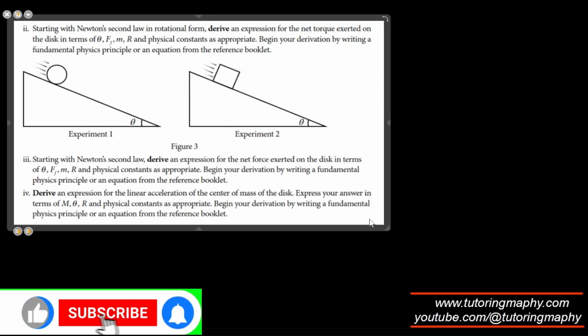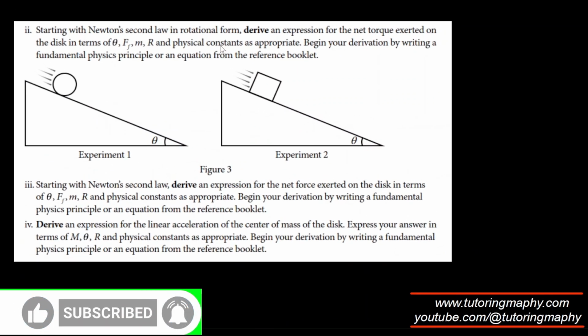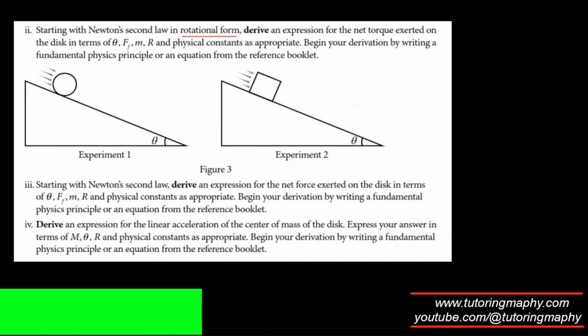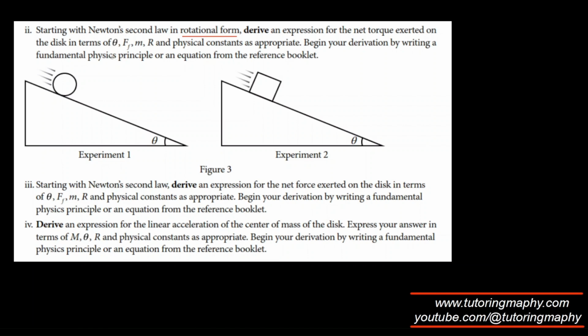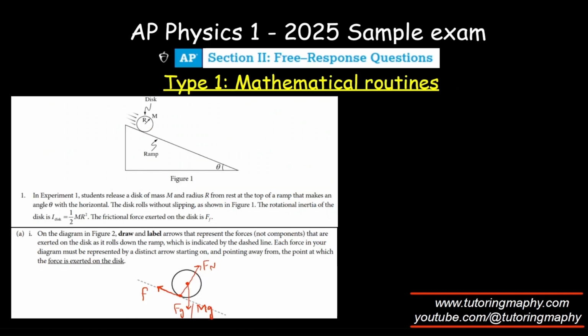The next one talks about starting with Newton's second law in the rotational form. In the rotational form, there is an expression for the net torque exerted on the disk in terms of all these quantities. Begin your derivation by writing a fundamental physics principle or an equation from the reference book. Now, it's very important to understand that since it is rotating to the right side, as I already mentioned, that is the reason why friction is acting backward, because it is the only force that can provide the torque, right?